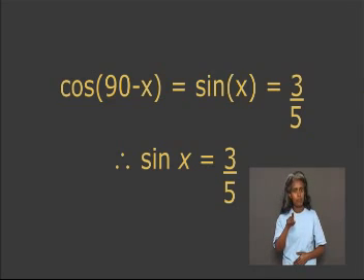What a sneaky function! Now that we have the sine and cosine values, the rest should be simple. Remember that we are looking for the cotangent, which is the reciprocal of the tangent.